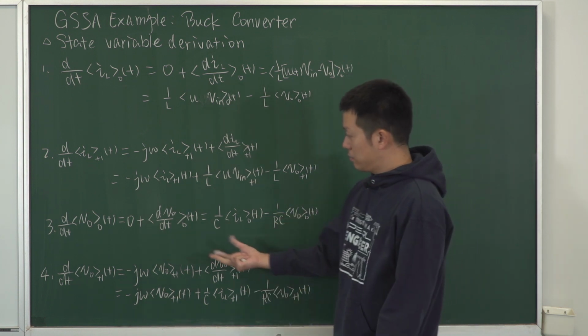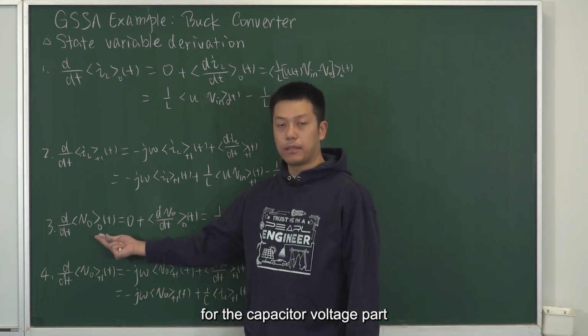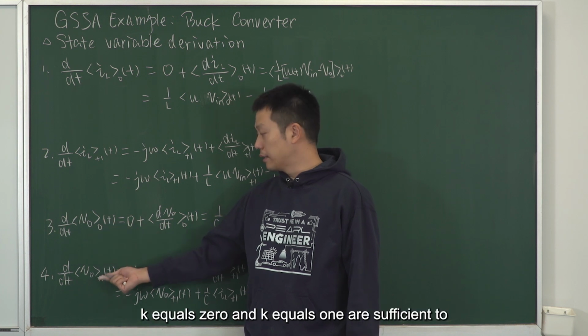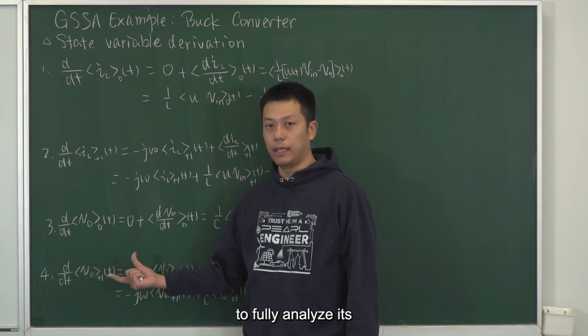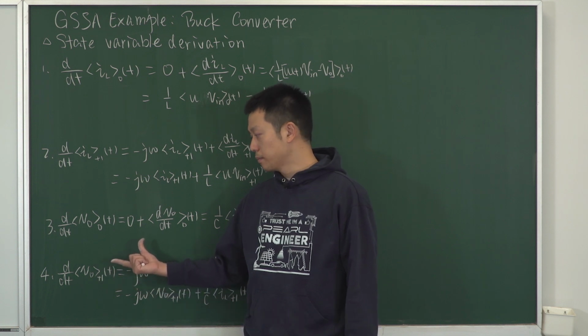So for the capacitor voltage part, k equals 0 and k equals 1 are sufficient to fully analyze its information, right?